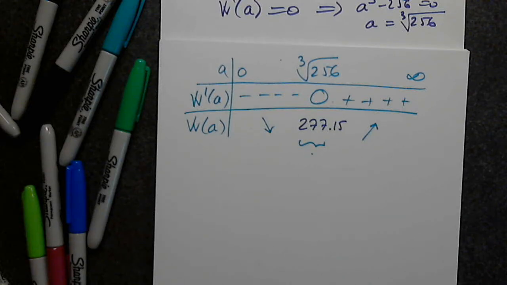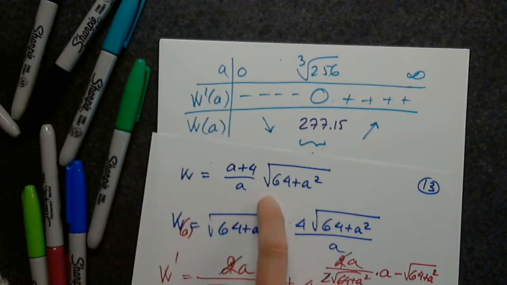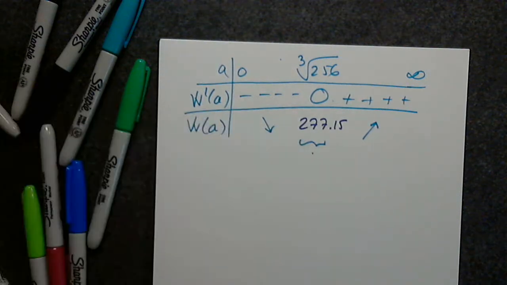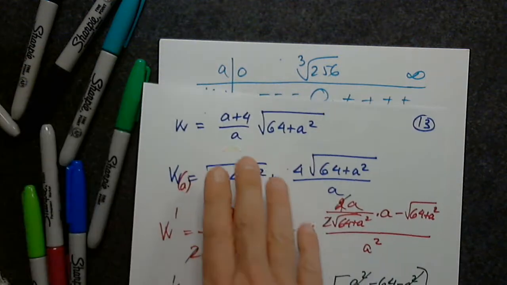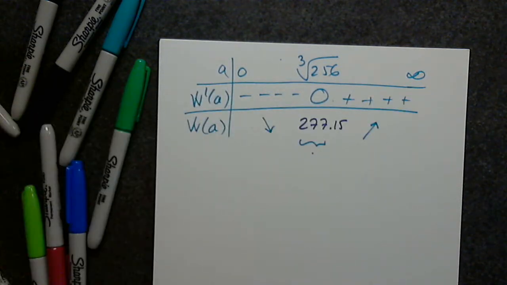Or I can put this. This is the easiest to put in because it has the square root. Okay, thank you. I owe you, Missy.